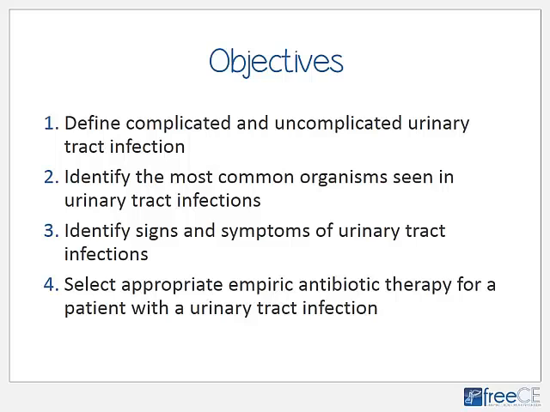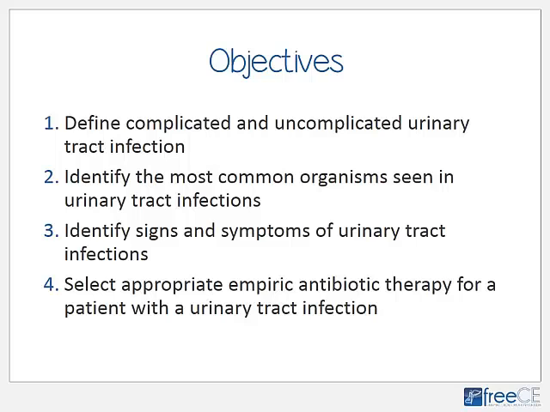We have 4 learning objectives for our discussion today. By the end of our time together, you should be able to define both complicated and uncomplicated urinary tract infections. This is really going to help us in terms of identifying the most common organisms that are seen in urinary tract infections. And we're also going to then select empiric antibiotic therapy based on whether something is a complicated or uncomplicated urinary tract infection and knowing what common organisms are seen.